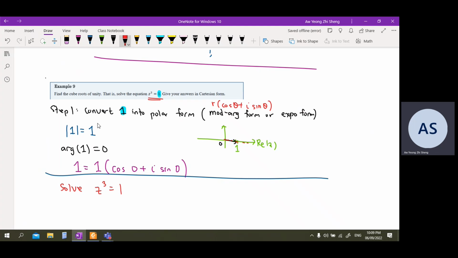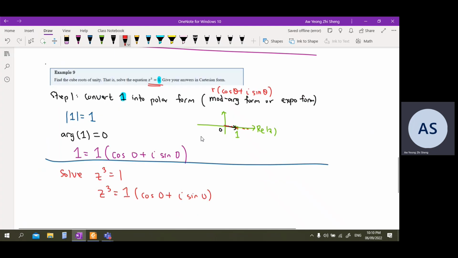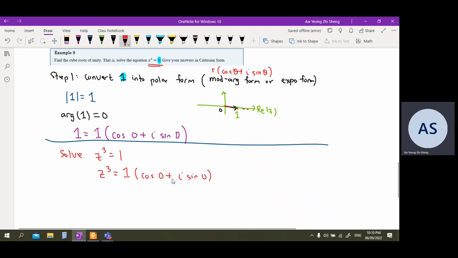Since in step 1 we converted 1 into polar form, we can now write 1 as 1 cos 0 plus i sin 0. The 1 is redundant, so I will choose not to write it. Step 2 says you add 2k pi to the angle in the cos and sine terms.